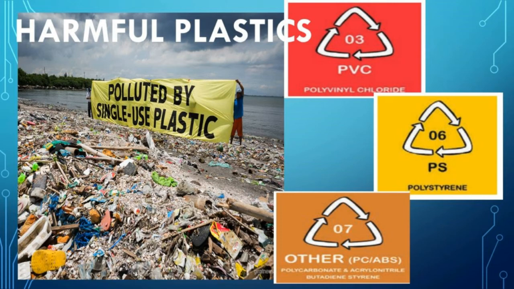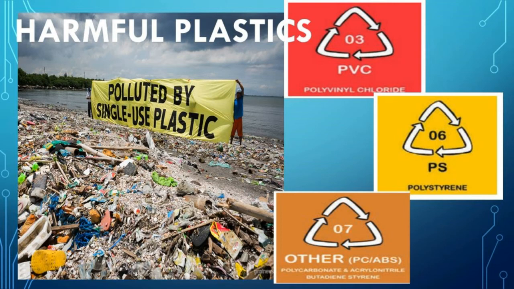Harmful plastics. There are three types of plastic that use toxic and harmful chemicals. These chemicals are added to plastics to give them certain qualities such as flexibility, strength, color, and fire or UV resistance.